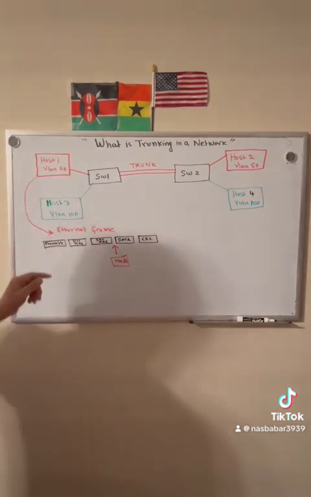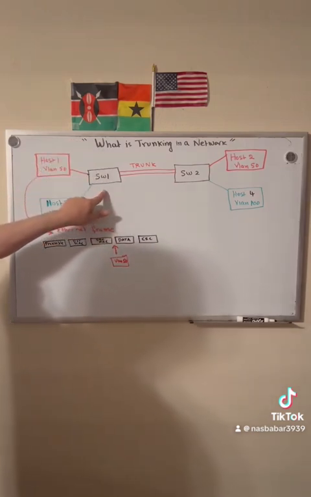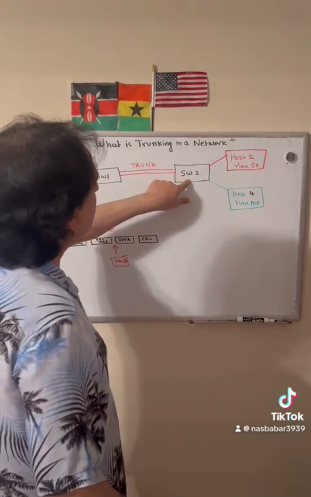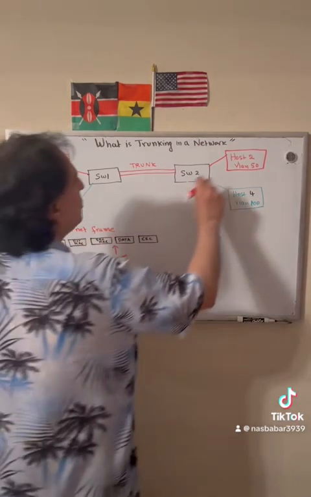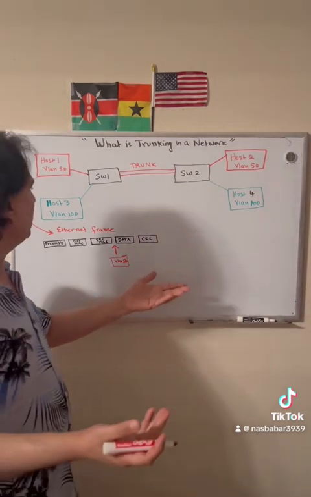Make sense? Then it goes over the trunk, and when it hits switch 2, switch 2 will remove this VLAN 50 tag and send it to host 2. That's pretty much what trunking is.